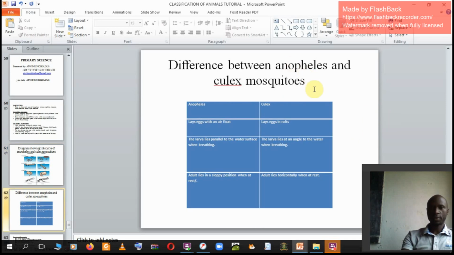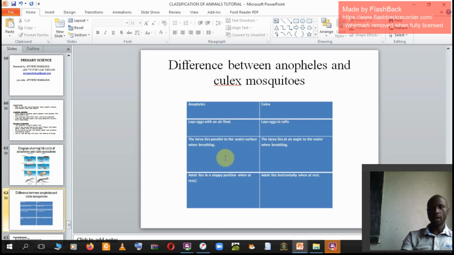We got the difference between Anopheles and Culex. Anopheles lay eggs in air float. We have seen eggs, they are in air float, they just float. Then for Culex, they are just in rafts, as if they're on top of water. The way they are positioned on top of water, they are like floaters, they are like rafts.